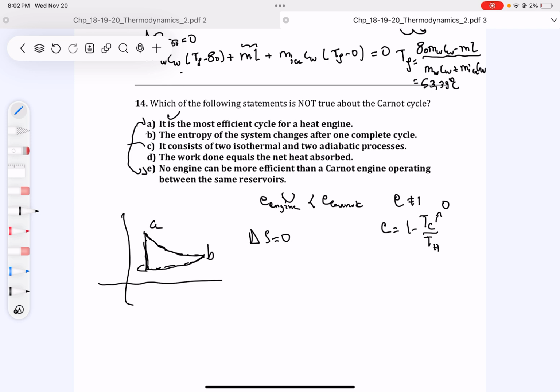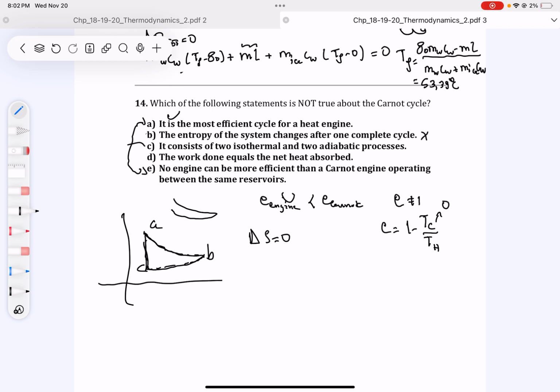That's for a reversible process, not an irreversible one, because an irreversible one would come back to some point not the same as the initial point. Then B is false.